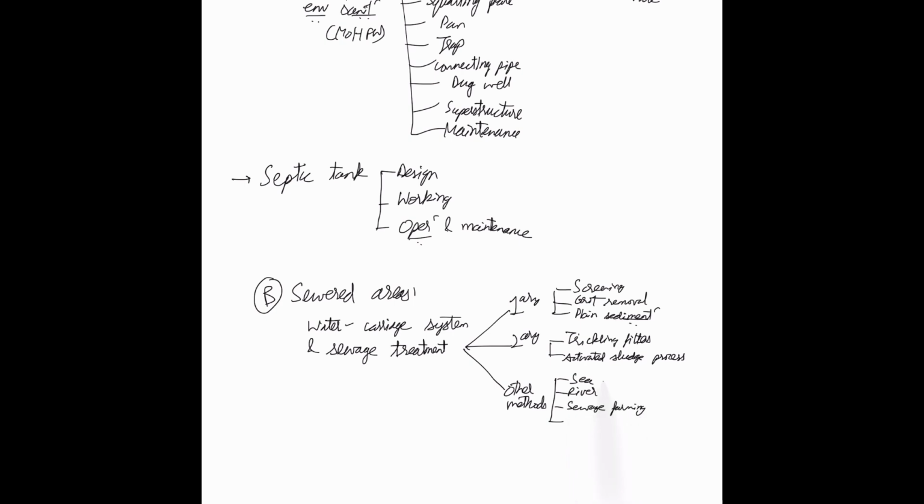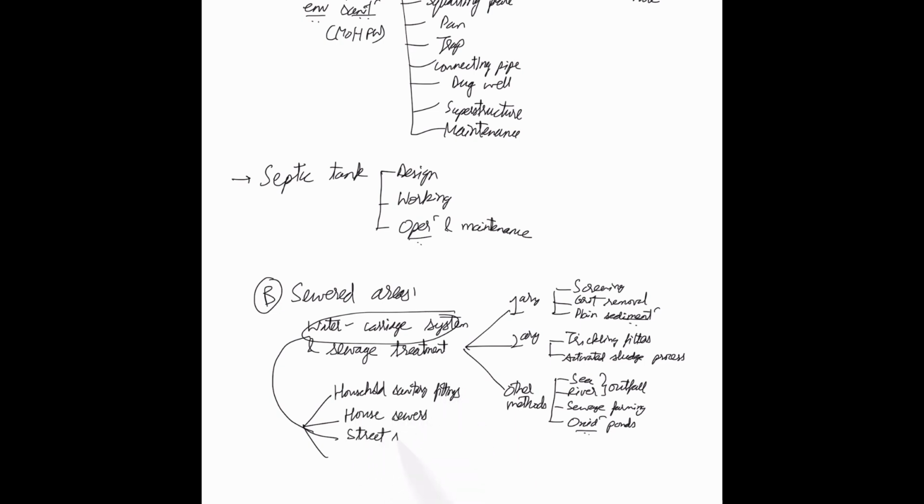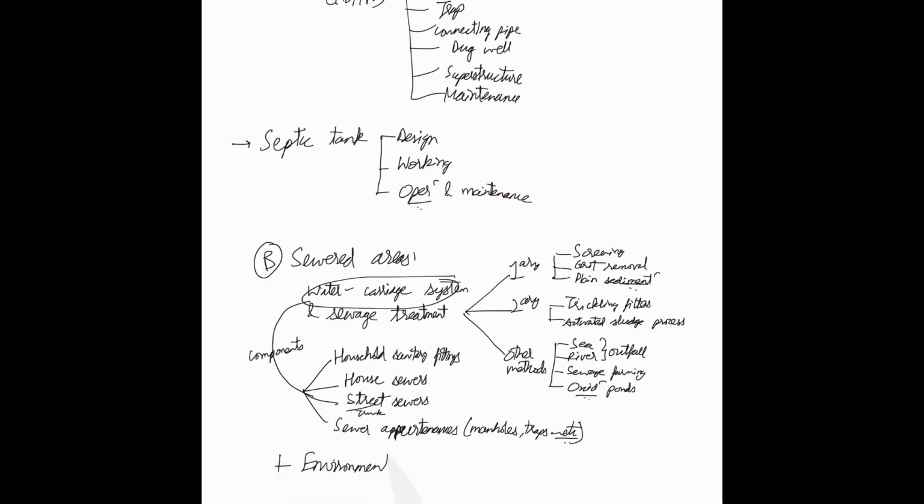Other methods include sea outfall, river outfall, sewage farming and oxidation ponds. We then discuss the components of a water carriage system, which include household sanitary fittings like your sink, commode, etc., house sewers, street or trunk sewers, and sewer appurtenances, which include manholes, traps, etc.